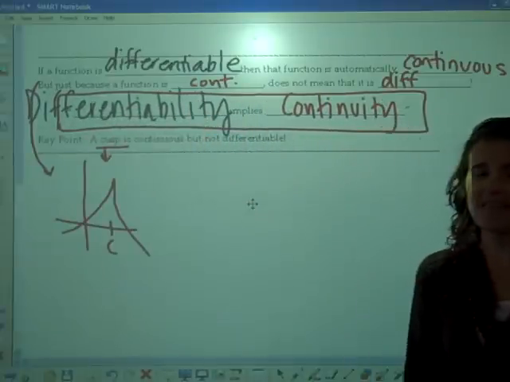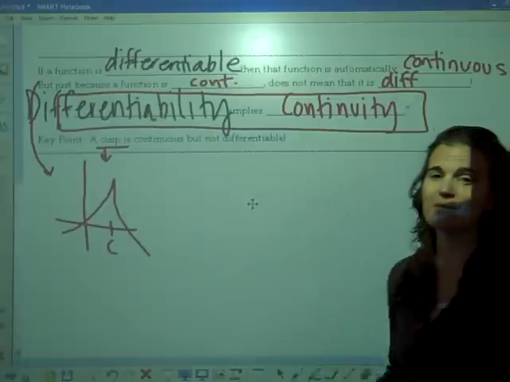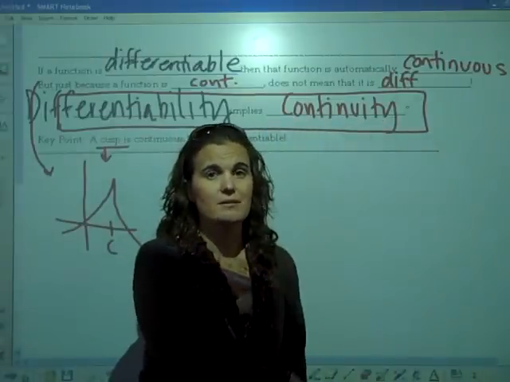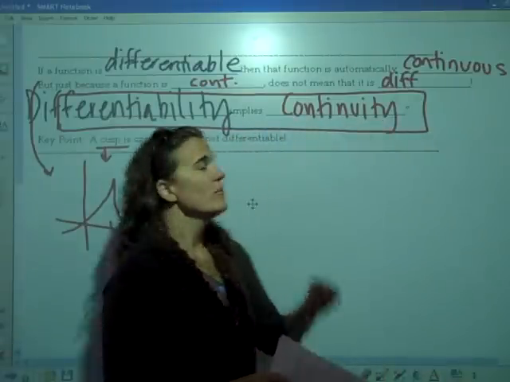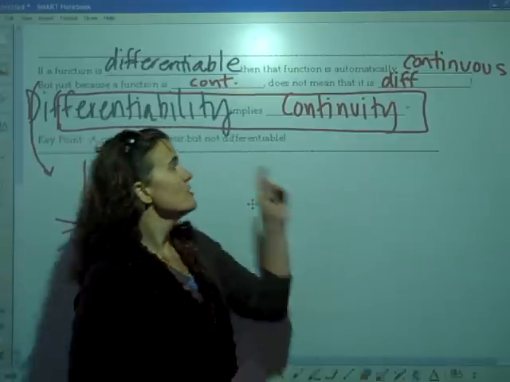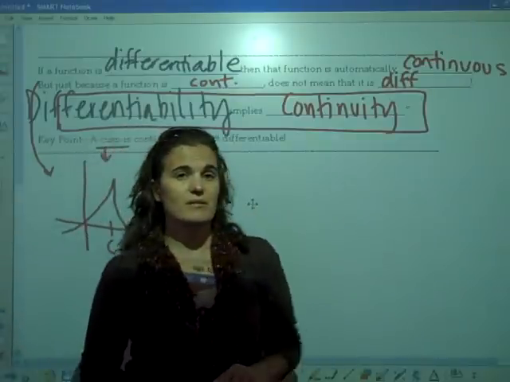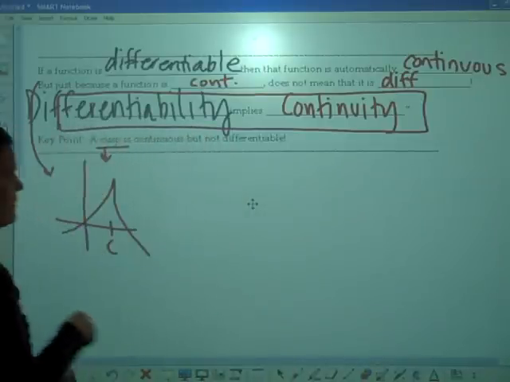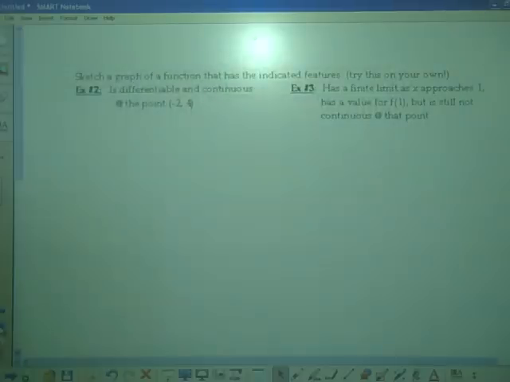Okay, that is the correct answer. Differentiability implies continuity. So if a function was differentiable, automatically it was continuous. Remember, if you reverse that, it's not true. Just because a function is continuous does not mean it's differentiable, and your cusp is the classic example of that. So what does all of this mean?